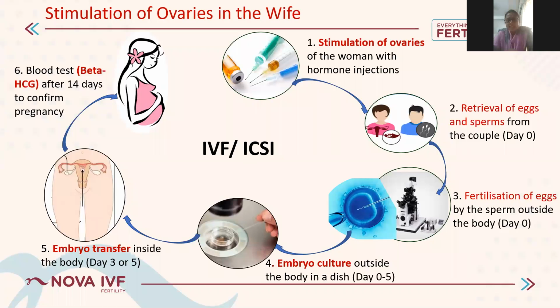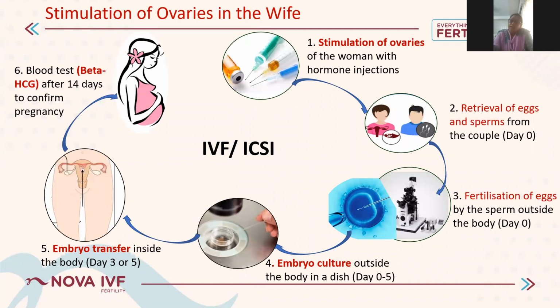Coming to this slide, as you can see, the first part is stimulation of the ovaries. How do we stimulate the ovaries? Like I said, we do it in an exaggerated way. We stimulate the ovaries by giving injections to the female partner for around 8 to 10 days usually, and many eggs are formed in her ovary.